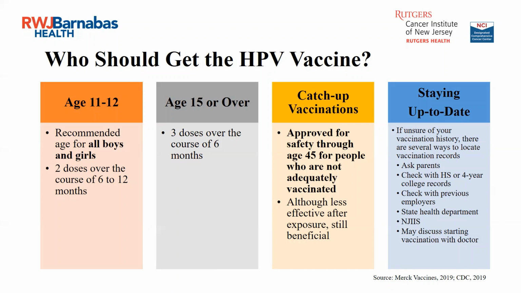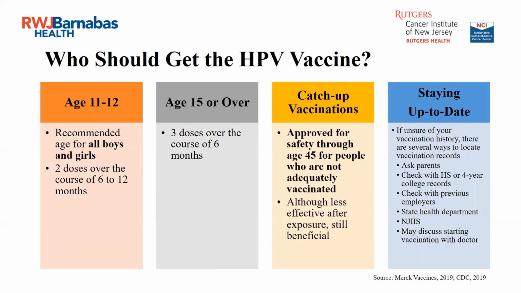Another option is to check with your high school or four-year college if you recently finished high school or college, because they might still have your vaccination records. Another option would be to check with previous employers, as some employers, like for example, the military, require vaccinations. Another option might be to check with your state's health department, as some state health departments have vaccine registries.